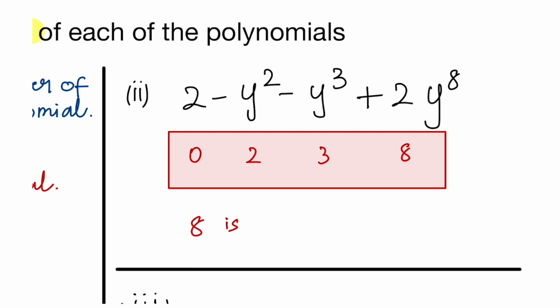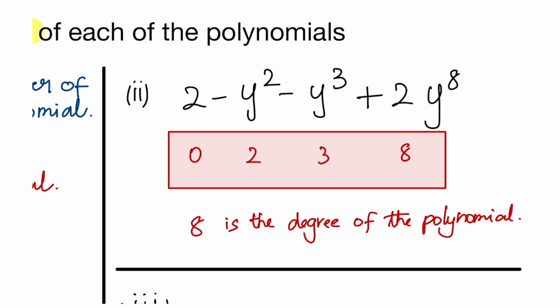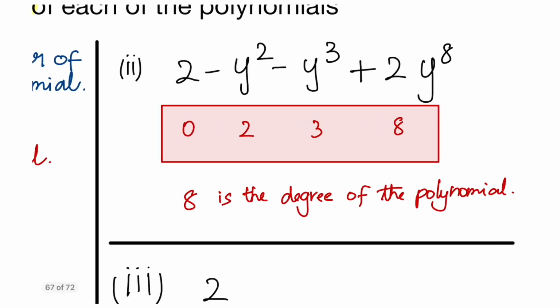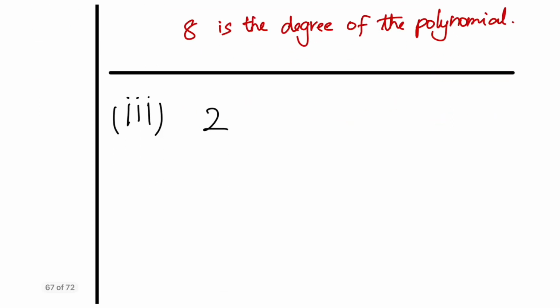So 8 is the degree of the polynomial. Right? I hope you got it. It's very simple. You are just going to list out all the powers or the exponents of this algebraic expression, polynomial, and you are going to pick the highest one out of that, and that is going to get you the degree of the polynomial.